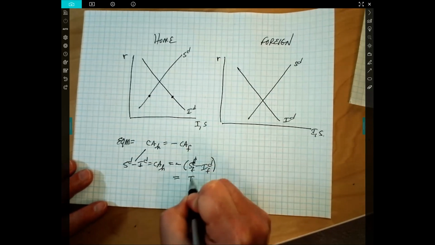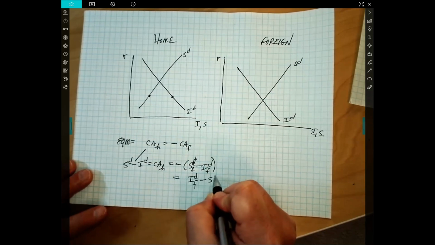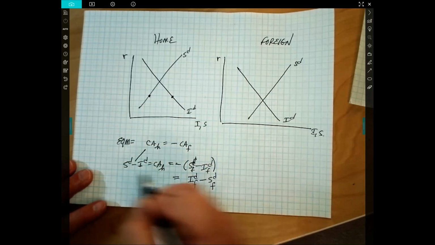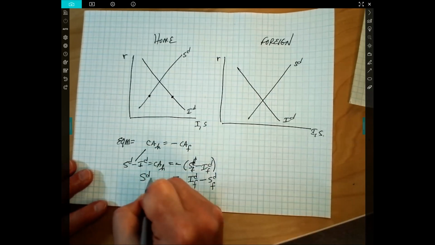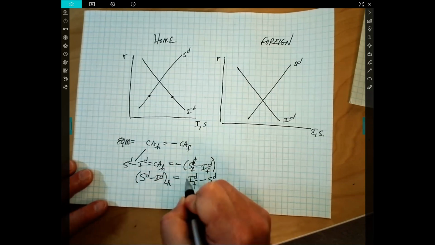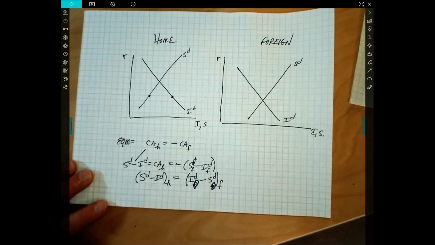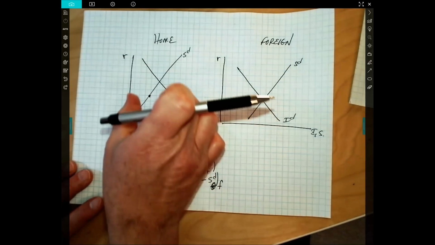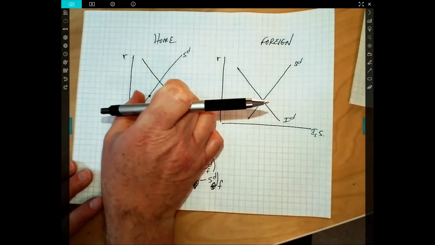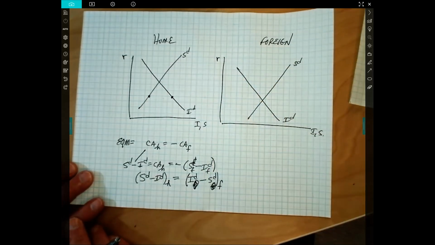So desired saving minus desired investment in the home country has to equal the difference between investment and saving in the foreign country. Graphically, at a given interest rate, the difference between these two lines here has to be equal and opposite to the difference between the two lines in the foreign country.